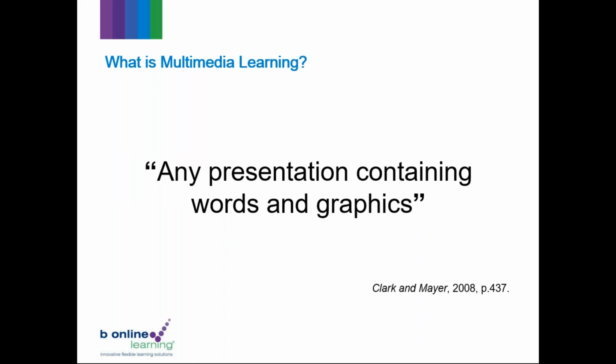When they talk about words, they're talking about narration, text on the screen, that kind of thing, and graphics. It's all encompassing: illustrations, animations, photos, all that kind of stuff. So that's the definition of multimedia learning that we're working off for this particular theory.